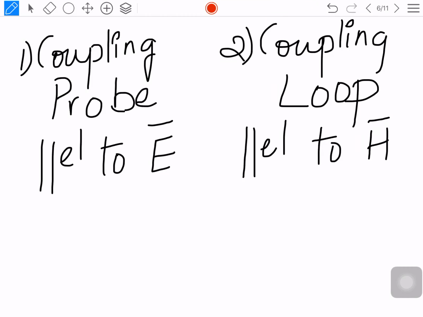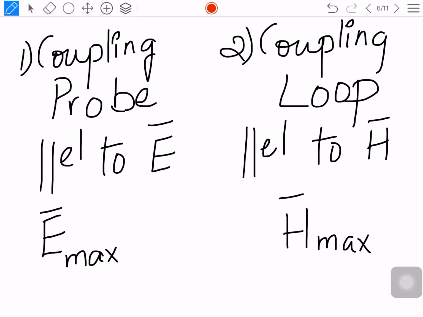The probe should be placed at a point where the electric field intensity is maximum, and the loop should be placed at a point where the magnetic field intensity is maximum. These are the two ways to couple a coaxial cable with a waveguide.